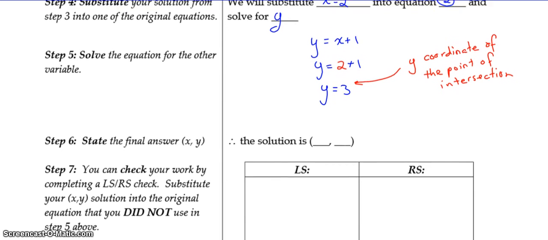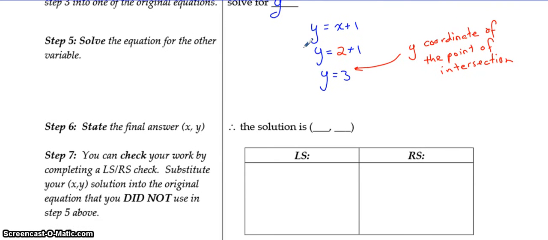Finally, what you have to do is to put your answer as a point. So the point of intersection is at 2, 3. So it's very important that you have that therefore statement to give the point of intersection as a point.